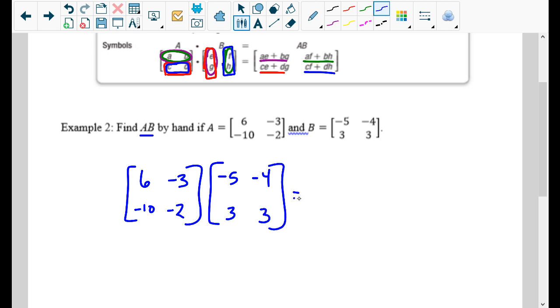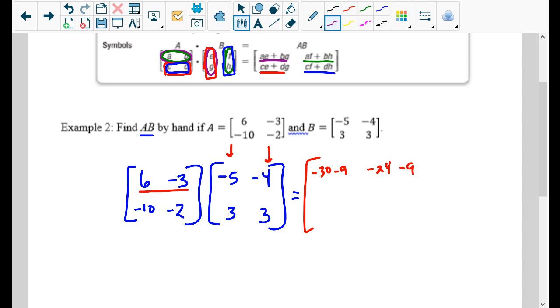So we're taking the first row times my first column. So 6 times -5, -30, -3 times 3, -9. And then take a look at my second column. So 6 times -4 is -24. -3 times 3 is -9.